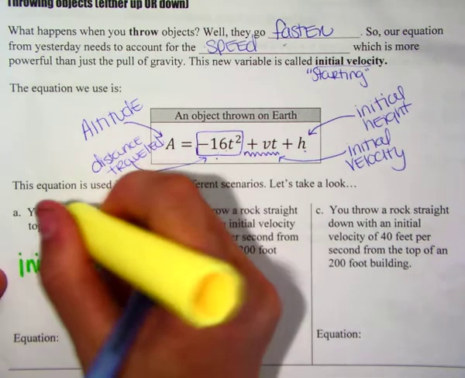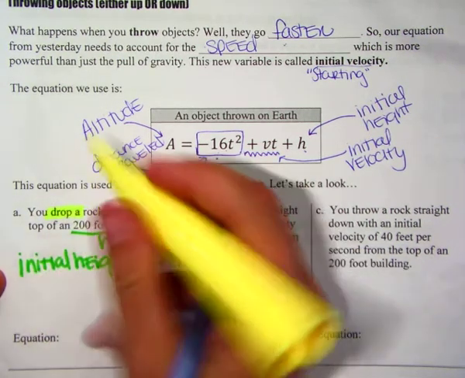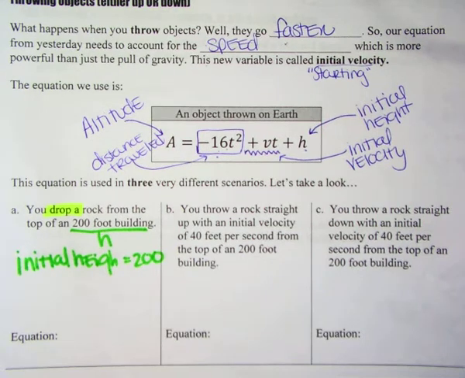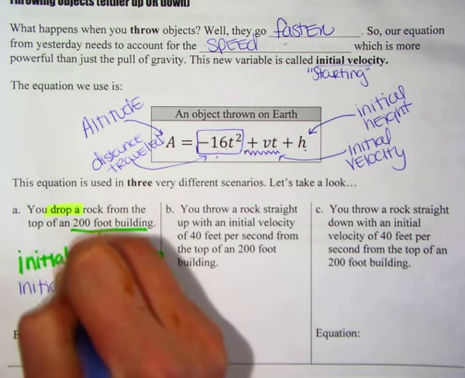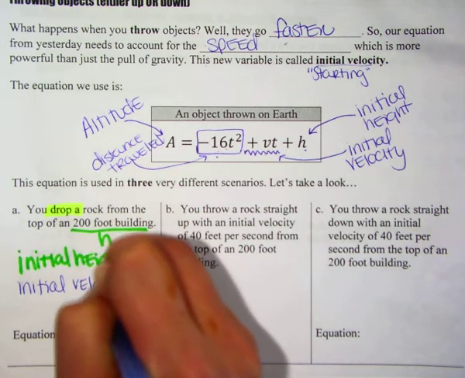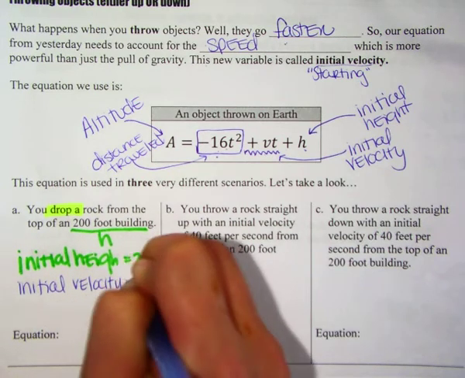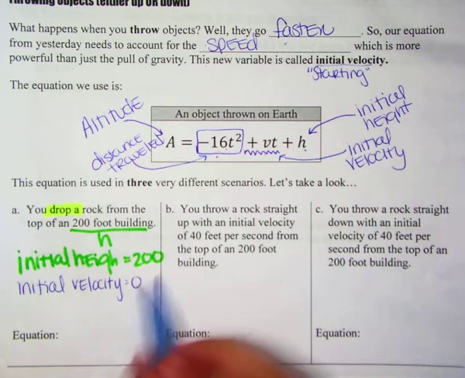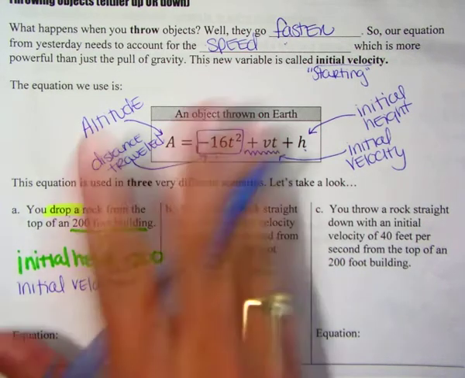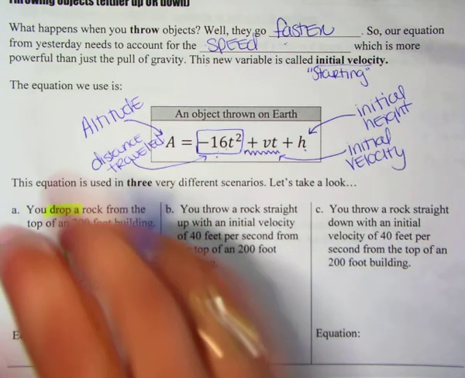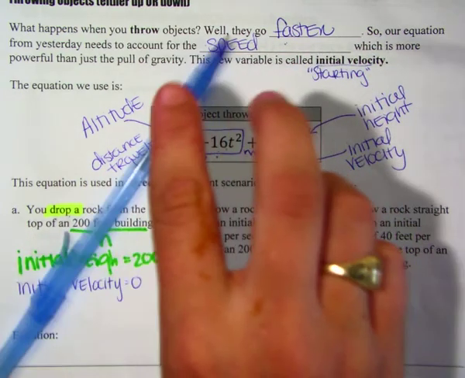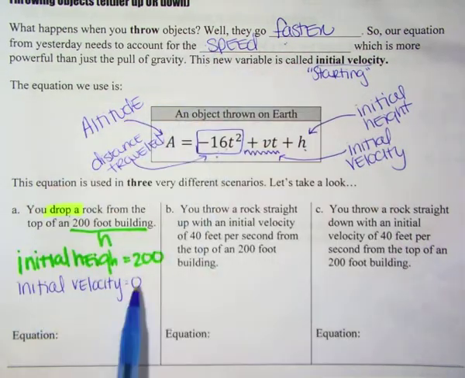So if you're dropping a rock, that means that the initial velocity is actually 0. Initial velocity is 0. And it's 0 because if you're just dropping it, you're not throwing it, you're not putting any extra force behind it, you're just dropping it.